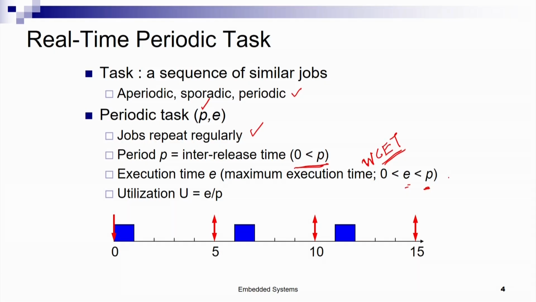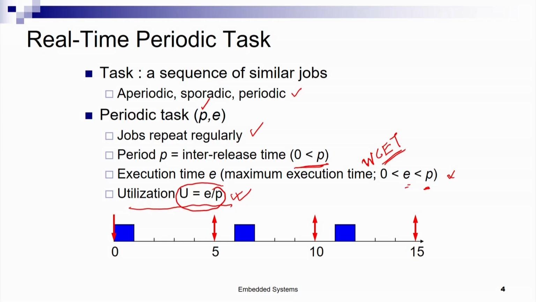With this idea, we come to the utilization of a task. The utilization of a task U is defined as E by P, which is the part of the capacity of a processor which must be dedicated to the execution of this task.